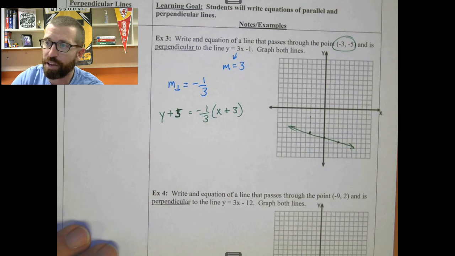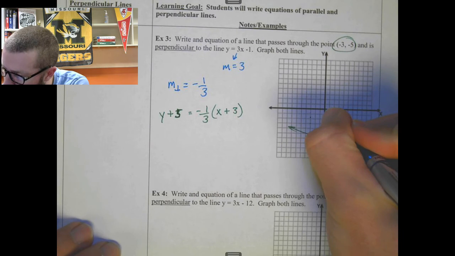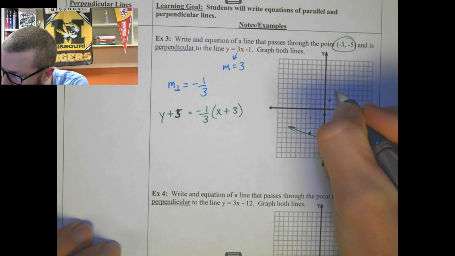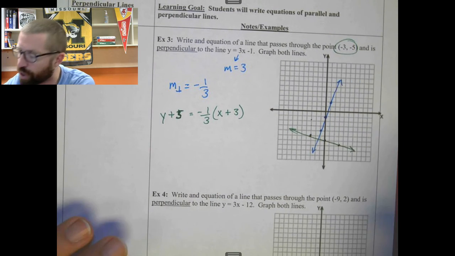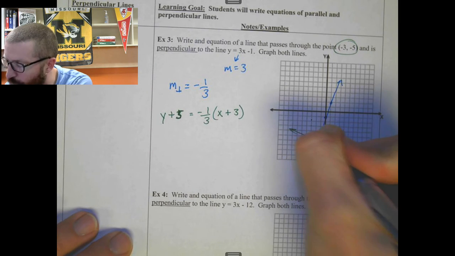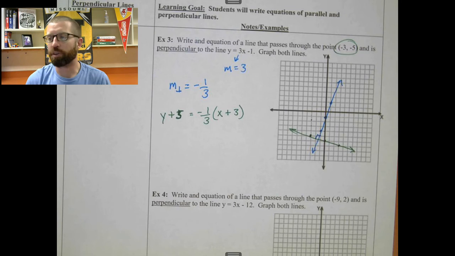And then let's compare that to our other line, which has a y-intercept of -1 and a slope of 3. So up 3 over 1, down 3 over 1. And when we connect these, if your graph is to scale, they should look like they form a right angle. And that looks pretty good because they do, and they're perpendicular.